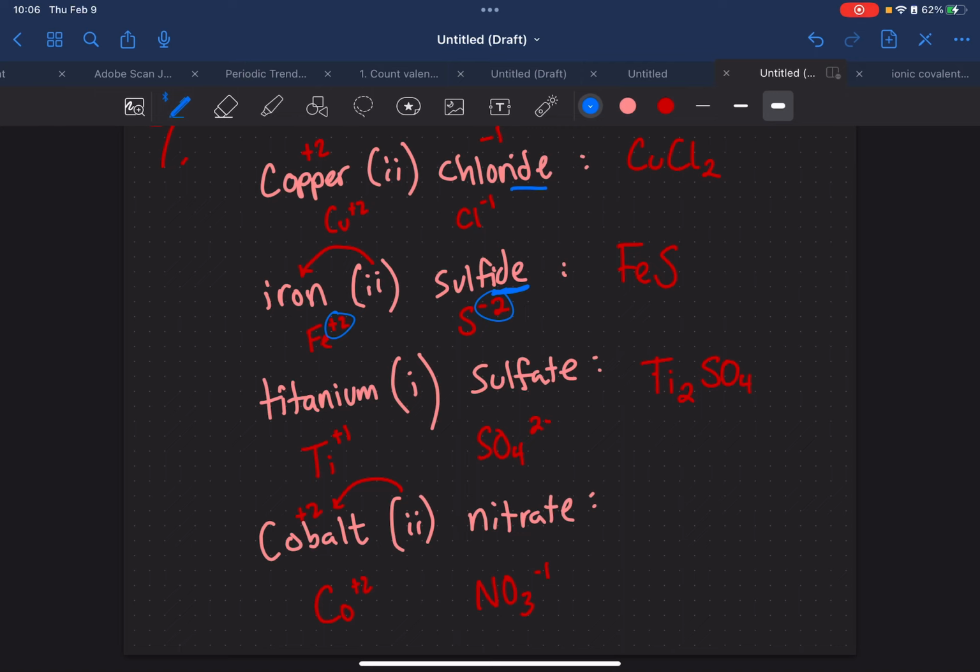The packet is a little bit annoying in that some of the practice problems it asks you to do on polyatomic ions, it doesn't include the formulas and charges for those polyatomic ions. You know, there's a couple that are left off. I think chromate is missing from that polyatomic ion list.